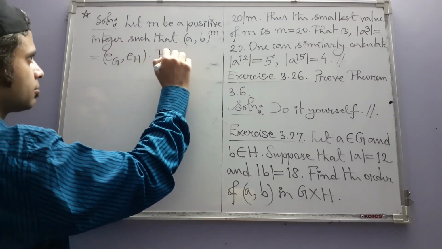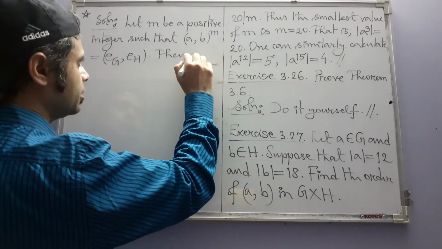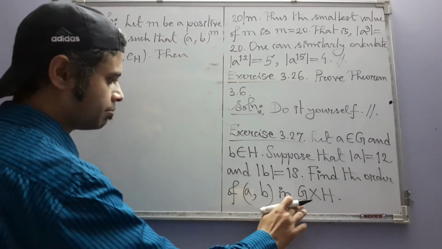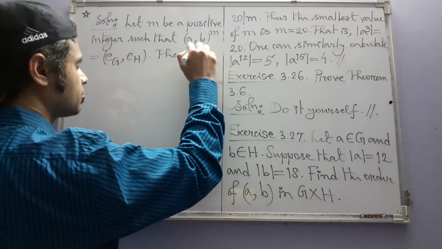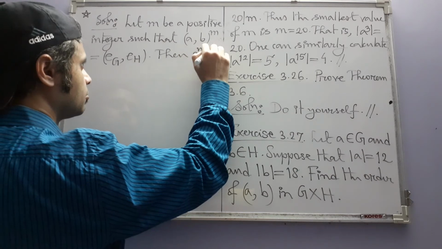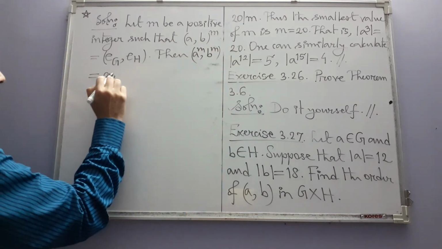Then, because m is a positive integer, by the definition of the binary operation in this group, this ordered pair will be equal to this.